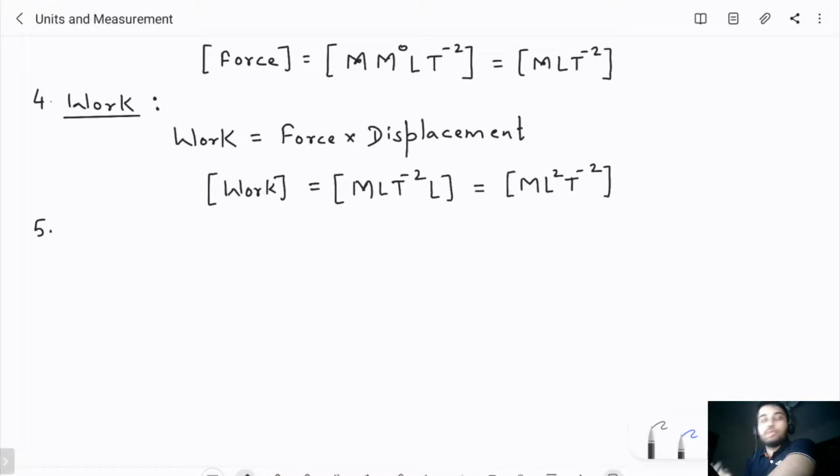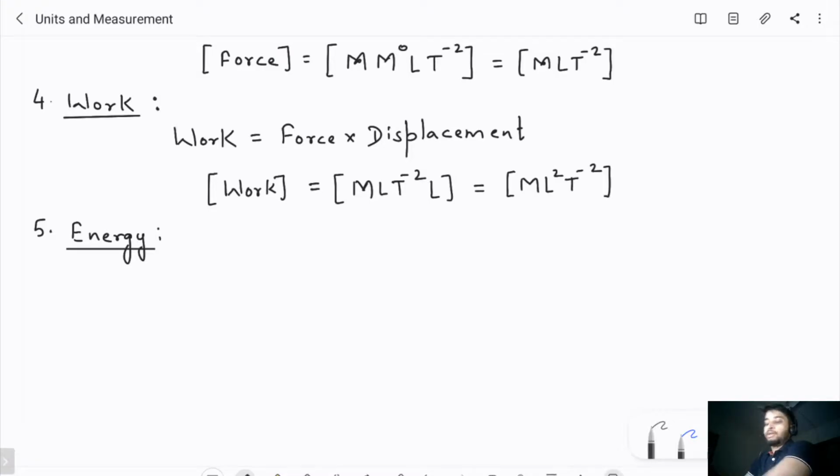The next quantity that we have is energy. So when we need to write the dimensional formula for energy, we can think of any energy formula that we know. We can use any energy formula and the dimensional formula that we are going to get will be same.